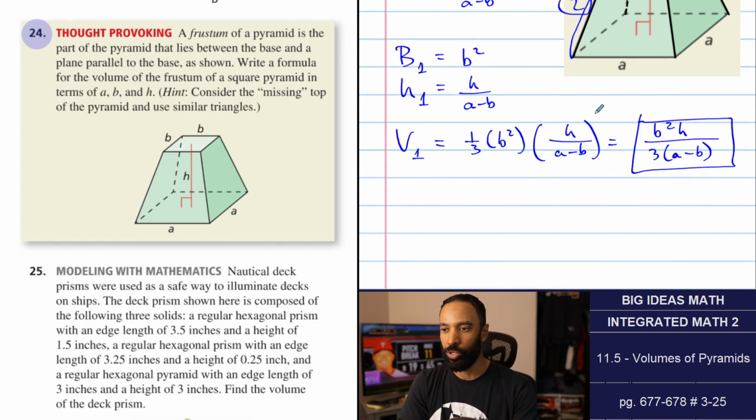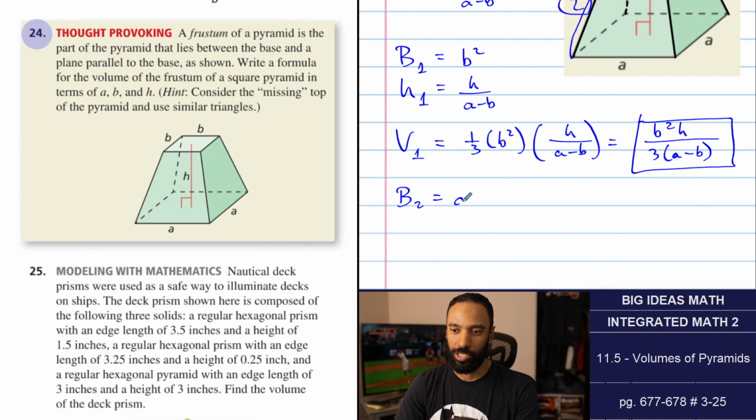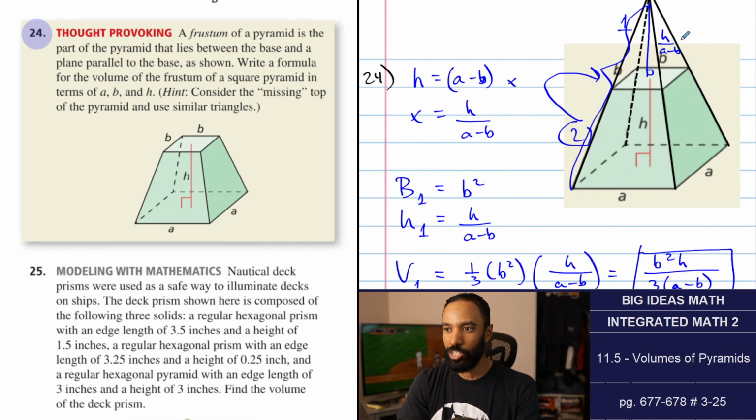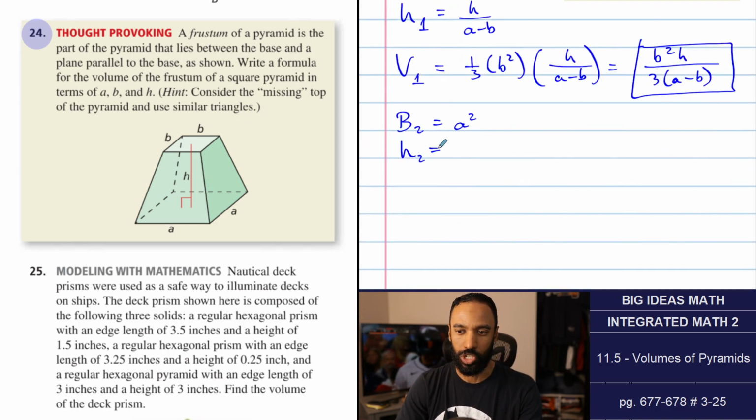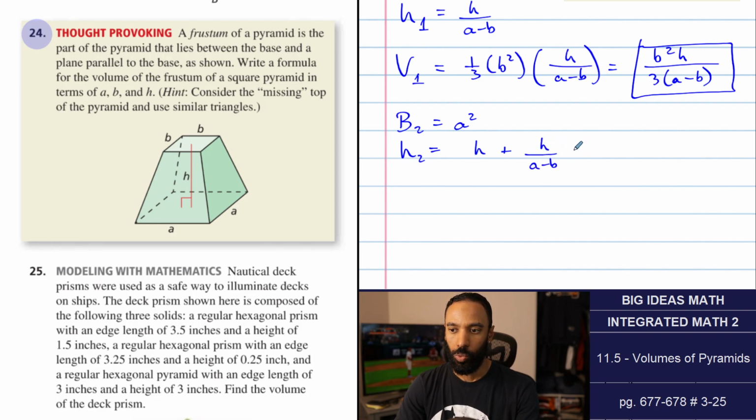So for object 2, the area of the base is a squared, and for this height we have to combine h with h over a minus b. This is kind of weird to show two h's here, but h plus h over a minus b, where you have to multiply top and bottom by a minus b. Maybe I just had to do that the first time, because I need the official h.